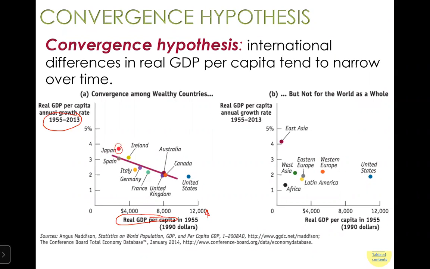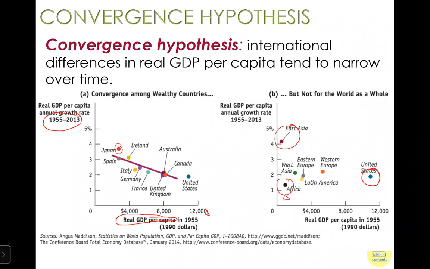However, if we extend our study worldwide, the story becomes a little bit murky. It really is difficult to say whether the convergence hypothesis holds or not. If we compare East Asia versus the United States, it seems like there is a negative correlation. But do you see we have Africa? They are very poor, but the growth rate is also very low.